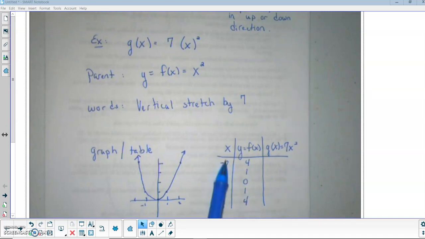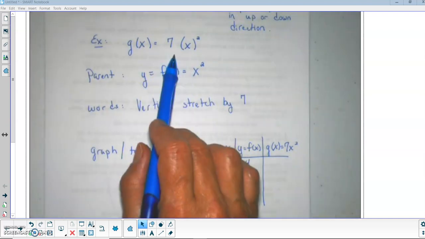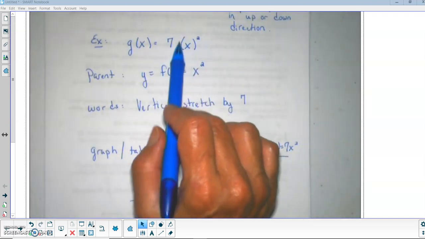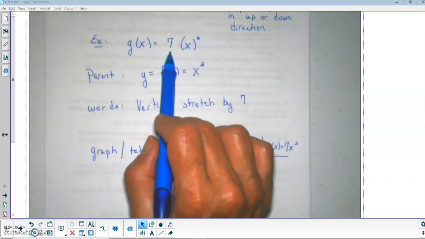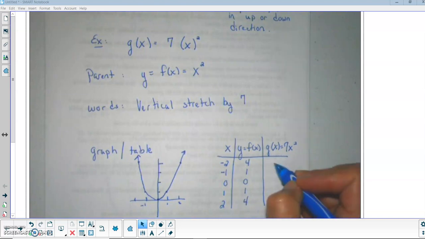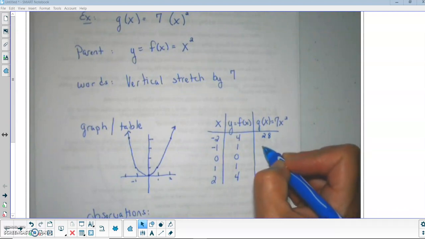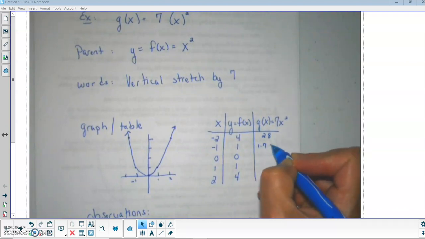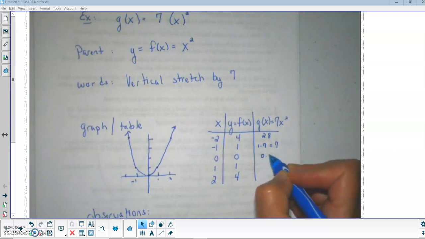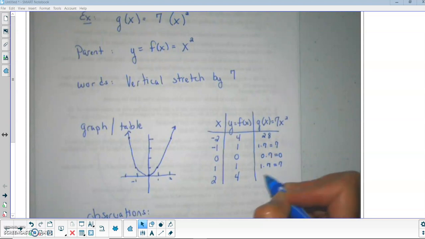If I put those same input values into this transformed function, the first thing that happens by order of operations is the squaring and then multiplying by 7. So all of these output values are going to be multiples of 7. 4 times 7 is 28, 1 times 7 is 7, 0 times 7 is 0, and then back to 1 times 7 is 7, and back to 4 times 7 equals 28.